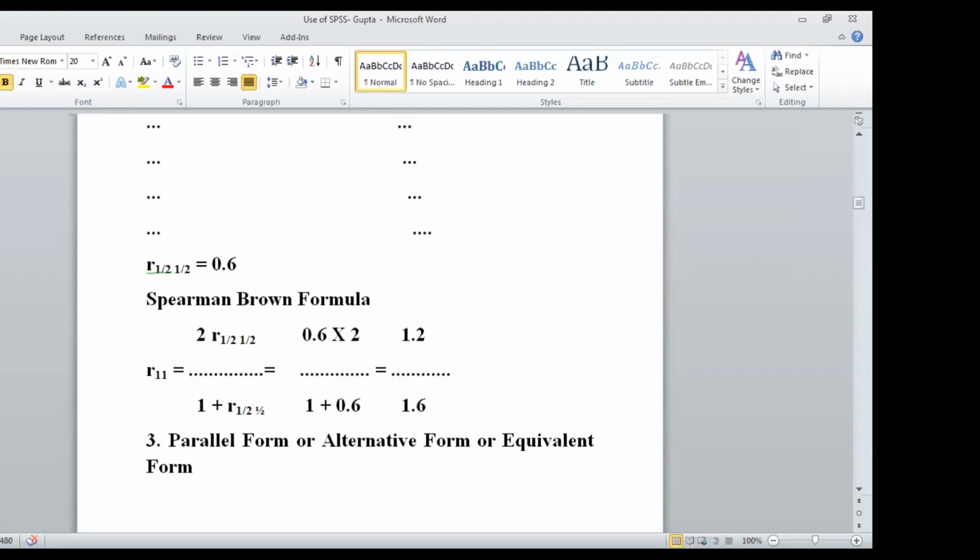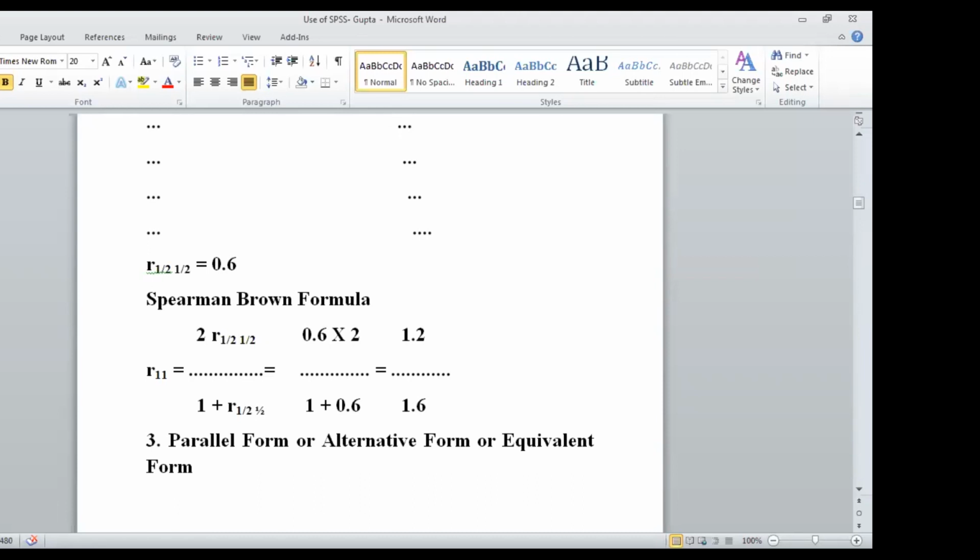Now you can ask me a question, where do we use it? See, suppose you want to administer the tool for selecting people for a job. For example, the exam which is being conducted by the CAT to take admission in IIMs. Now the CAT exam continues for many days together.